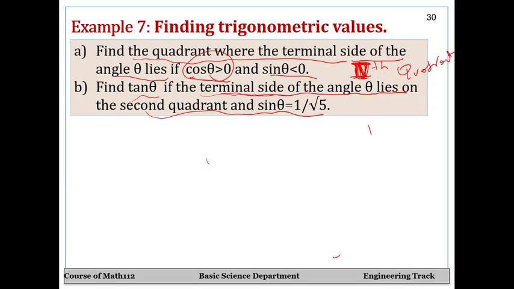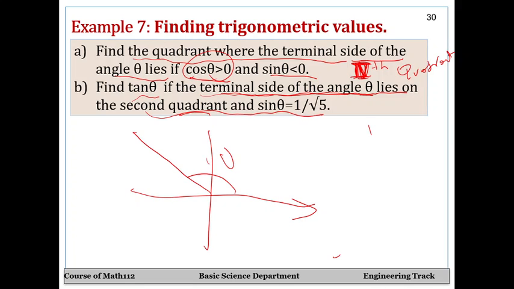Okay, theta is an angle that lies on the second quadrant, so theta has to be something like this. Okay, now sine theta is 1 over square root 5.